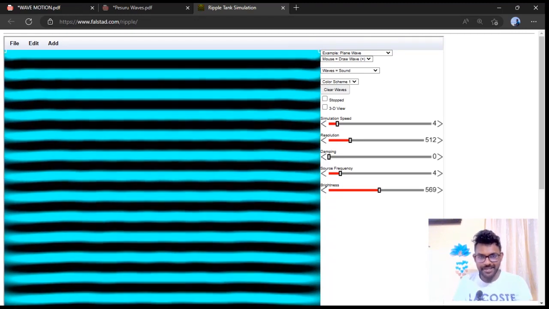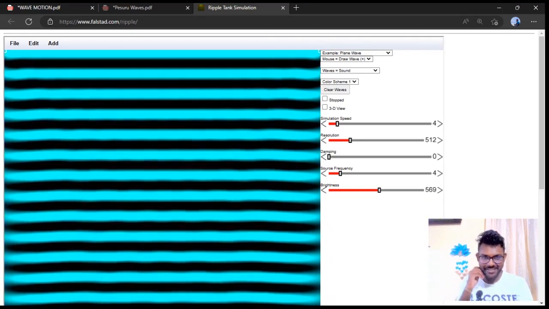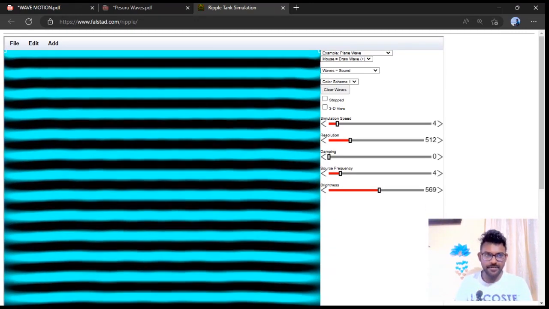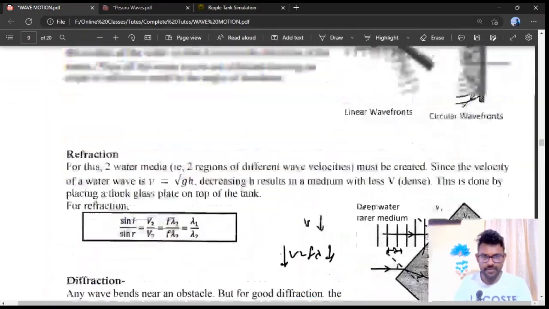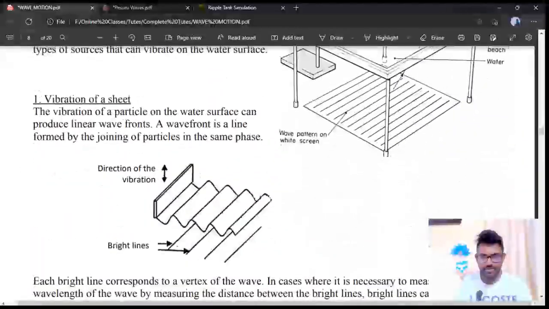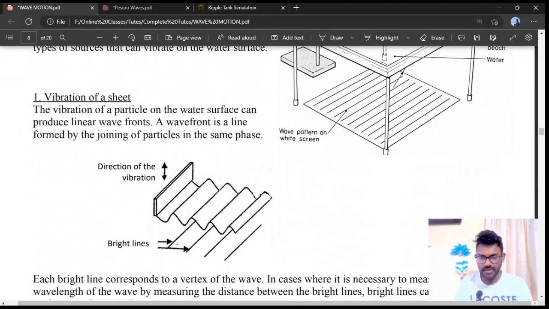So don't get hypnotized, right? These lines, this is how you can see from this screen as well. If you observe it from this screen, you can still see the waves propagating and moving forward.